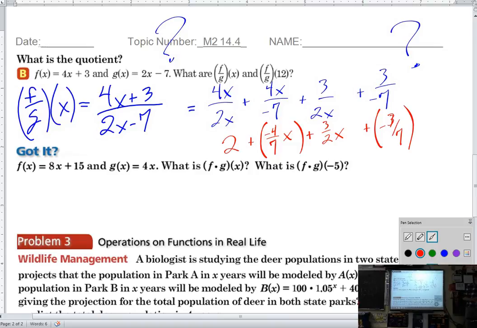Wouldn't you simplify the 4x plus 3 over 2x minus 7? Well, that's what we're asking: can it be simplified, and if so, how? Hey guys, we've got way too many side conversations, because I doubt that any of you could definitively tell me exactly what we should do for this.